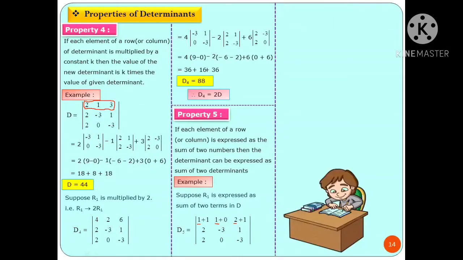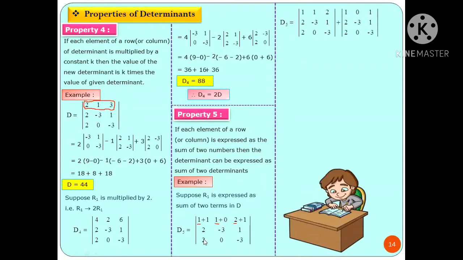Check here. First determinant, first row 1, 1, 2. Second determinant, first row 1, 0, 1. Only one row we have changed.